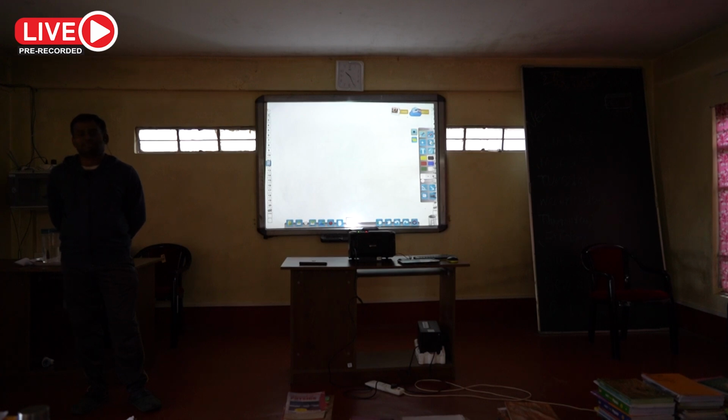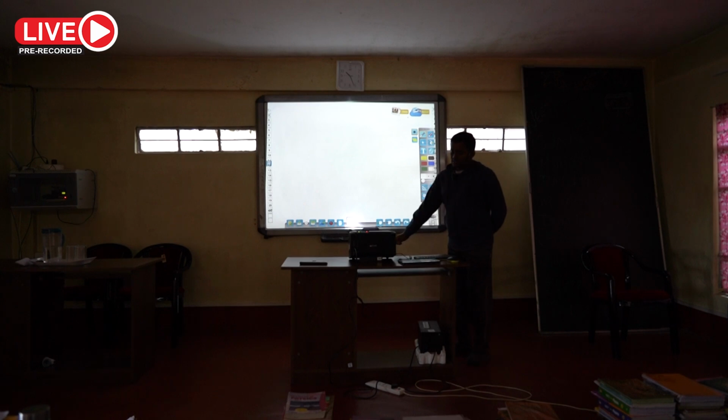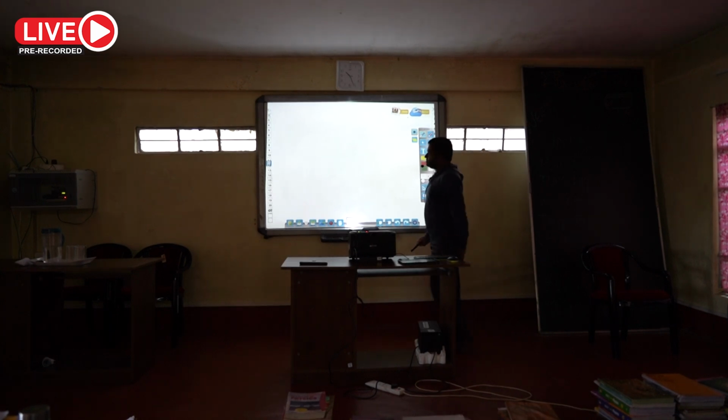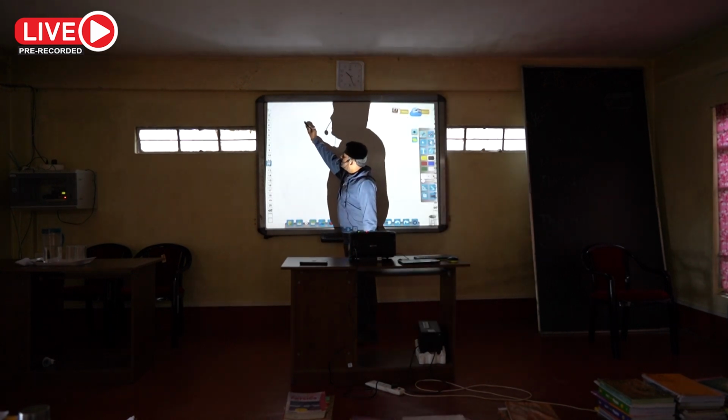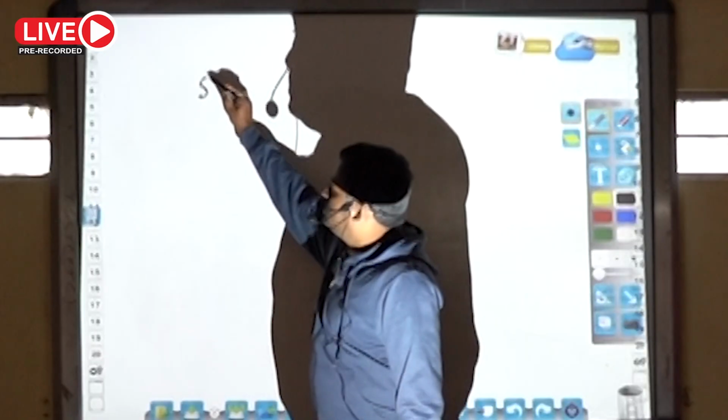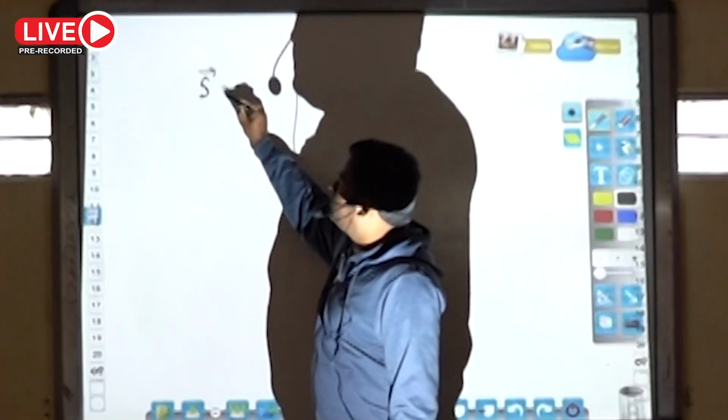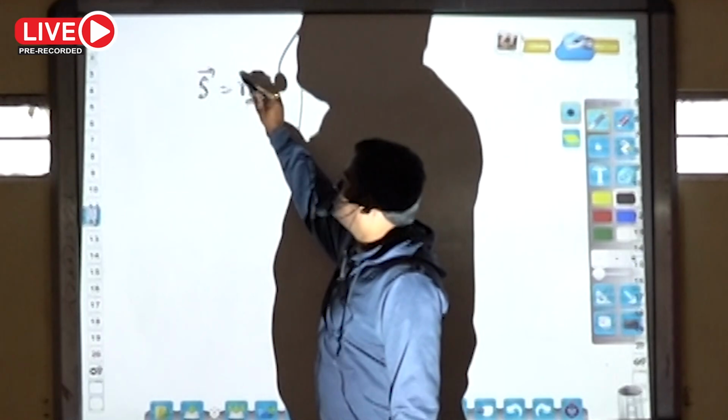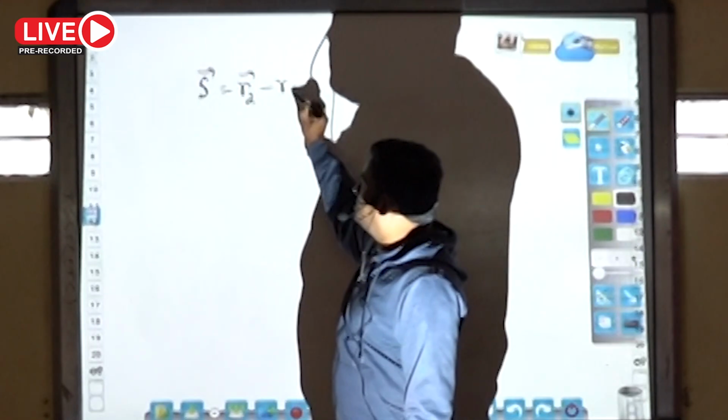Don't pick up the options at your desire. First you have to calculate the displacement. Displacement S here is final position vector minus initial position vector.